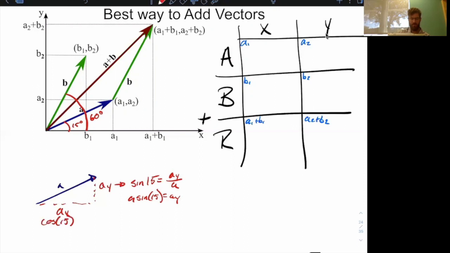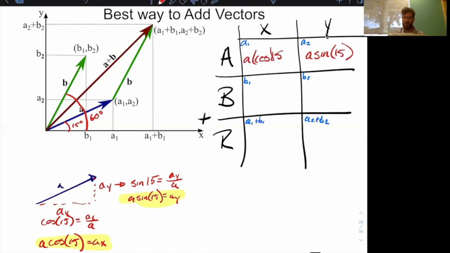Cosine of 15 is equal to AX over A. A times the cosine of 15 is equal to AX. Now that I have these two values, ladies and gents, I can actually plug them in. My Y value here is going to be A sine of 15. This is going to be A cosine of 15.